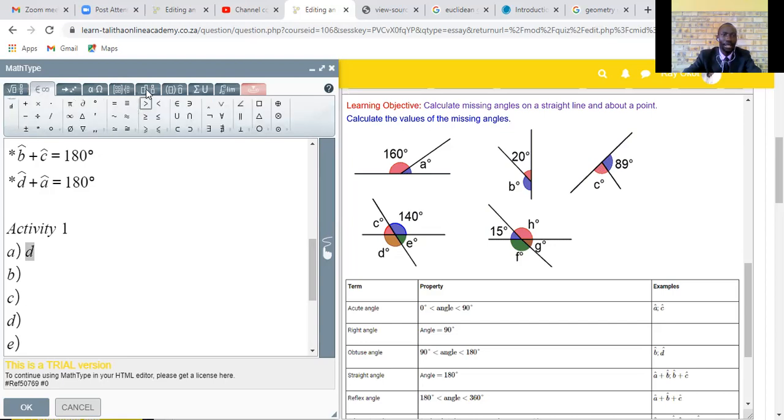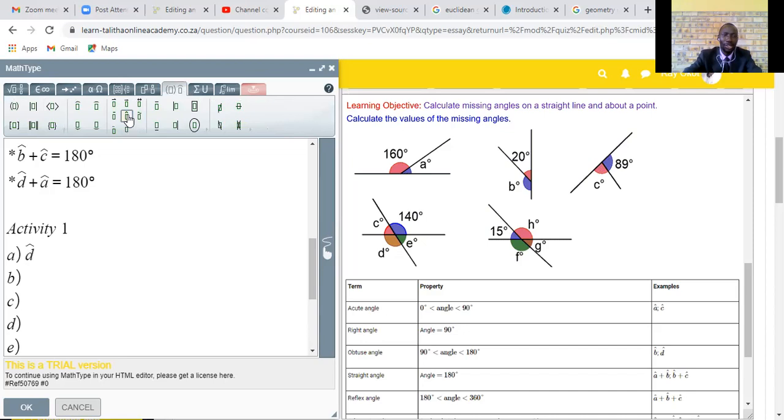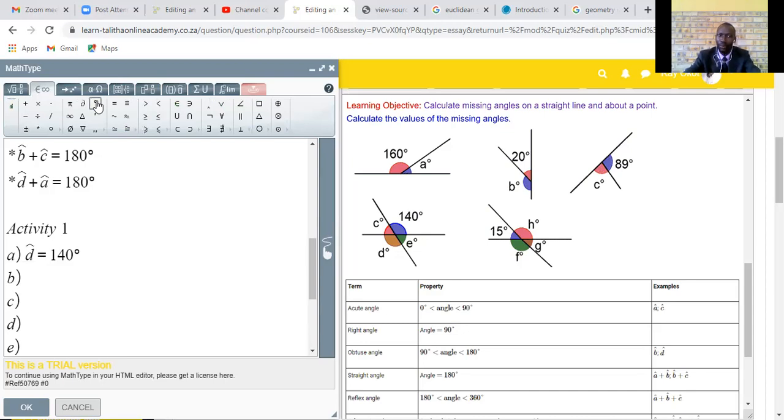Where do we find the caret? Right here, yes. Okay, so D with a caret should give us the value of 140 degrees. And that is all.